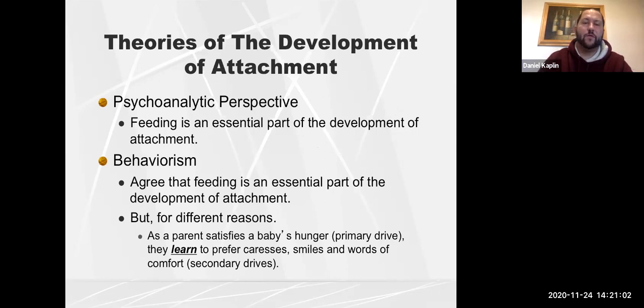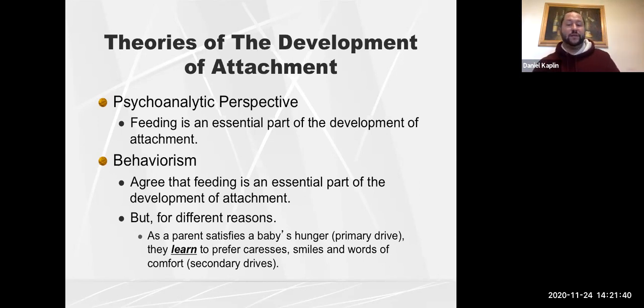You might remember Freud talked about the oral stage of development. Feeding is essential for developing a bond with a child according to this model. If you don't engage in proper feeding practices, you might develop an oral fixation, or it might manifest as unhealthy attachments. If you like this model, look at people like Melanie Klein in object relations theory; they have a really good piece to this.